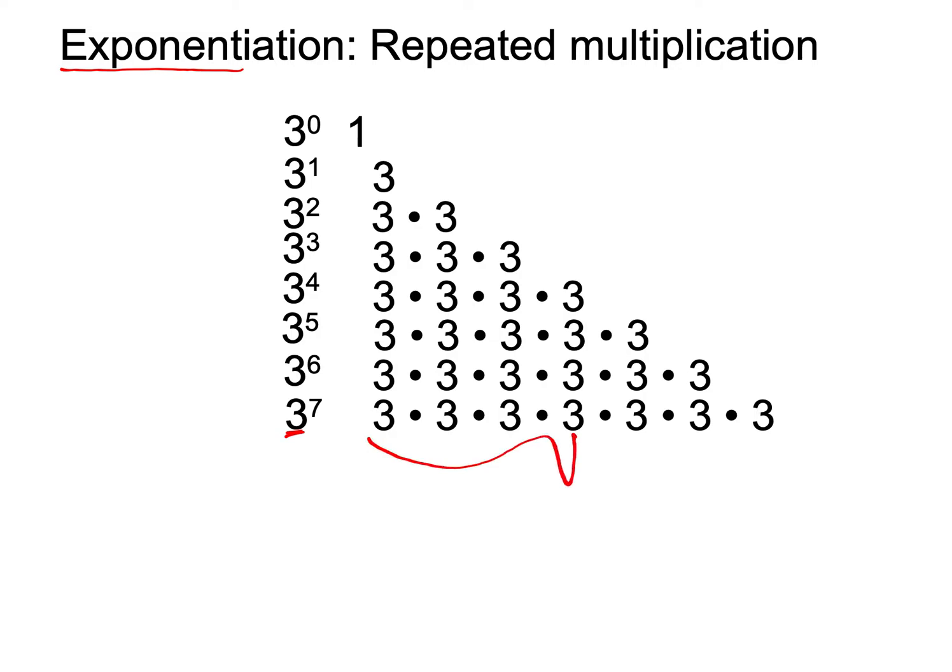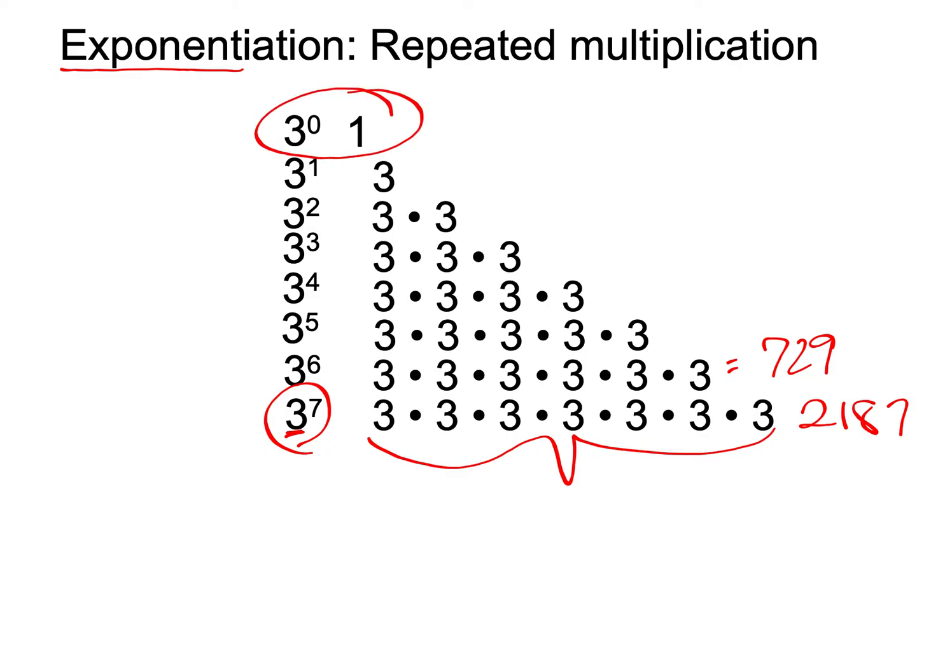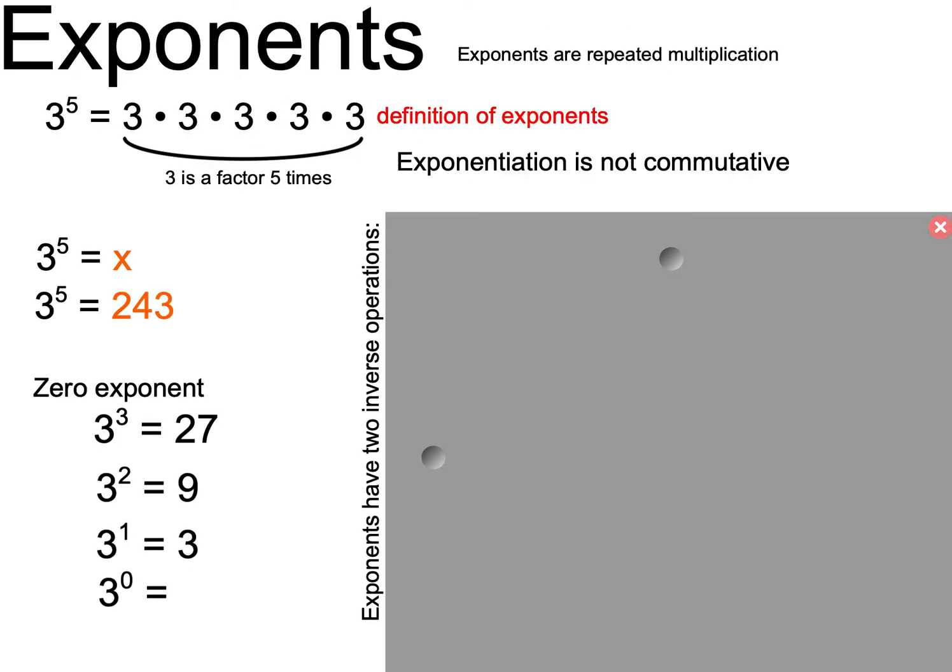So 3 multiplied by itself 7 times, which I think is 2187, is 3 to the 7th power. 3 multiplied by itself 6 times, which is 729, is 3 to the 6th power, and on up the chain. Now we will talk about this one at the top in a couple of weeks, but yeah, 3 to the 0th is actually 1. So here's the definition of exponents. We'll get to that in more detail in the next video.